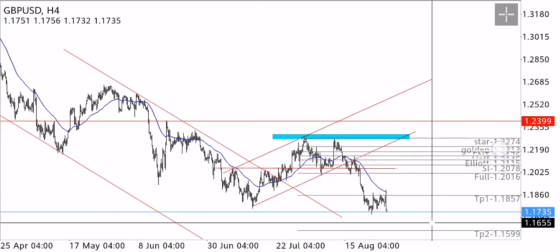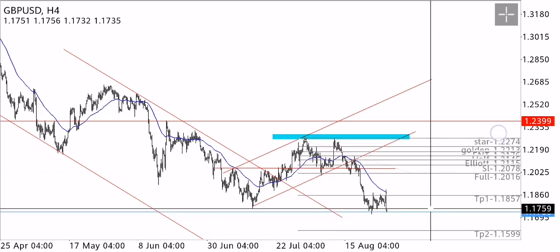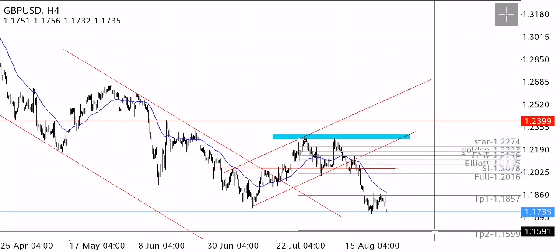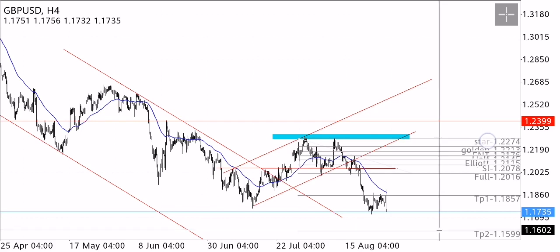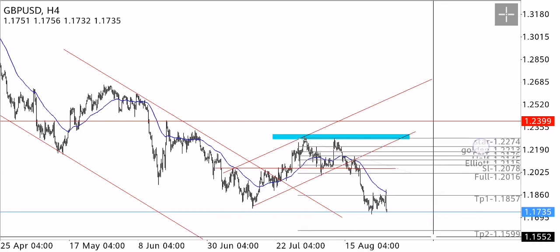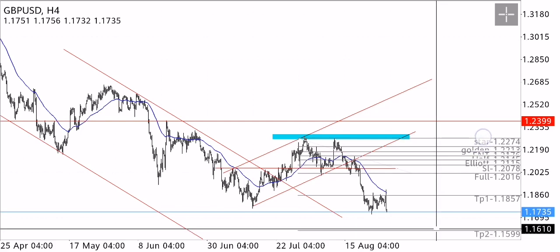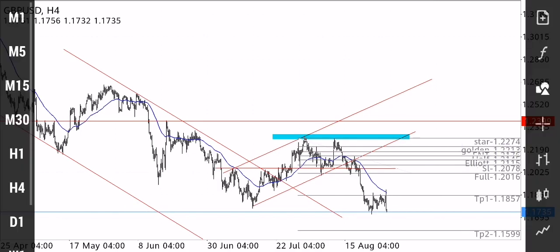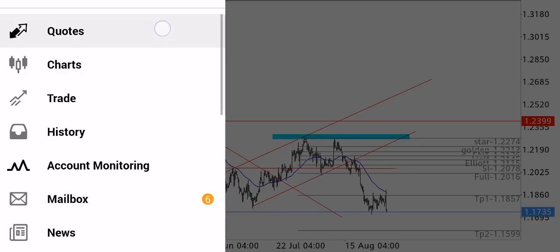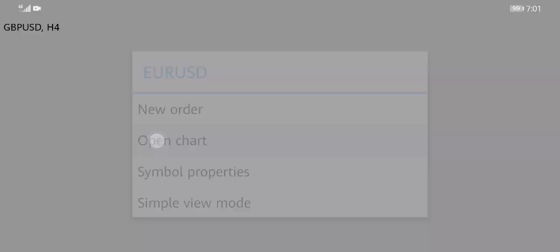So hopefully in the next week our first main target is 1.1600, and if you are a buyer then you will take the buying opportunity from 1.1550 or 1.1600, as this will give you a lot of profit. Now take a look at the other currency pair, which is the Euro USD currency pair.